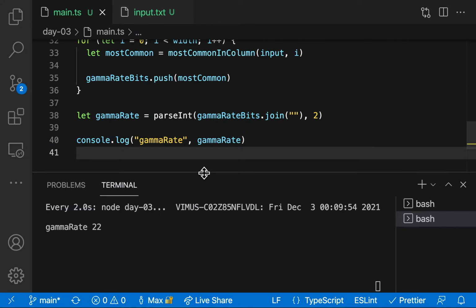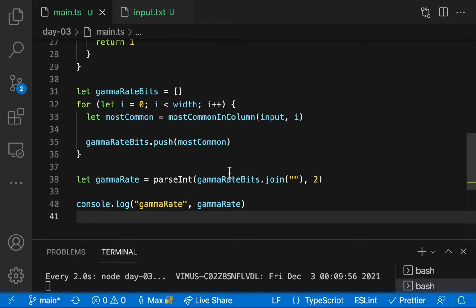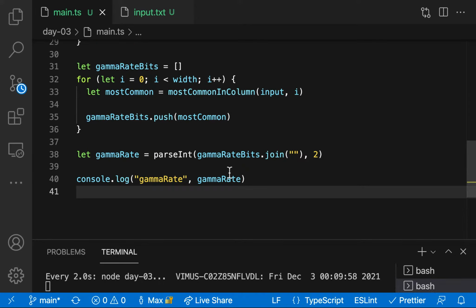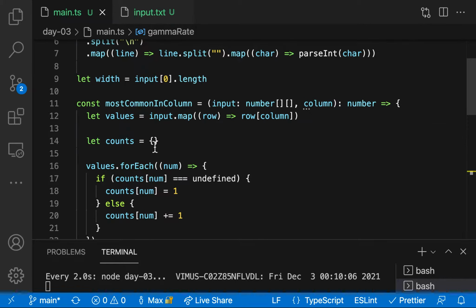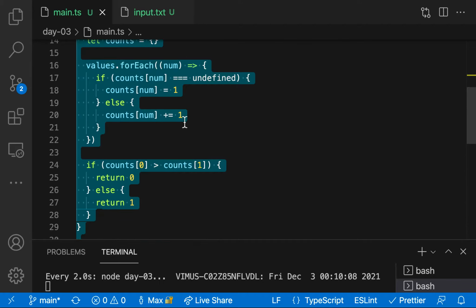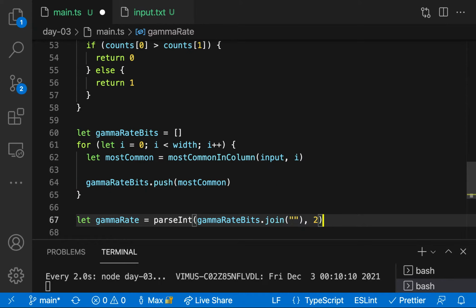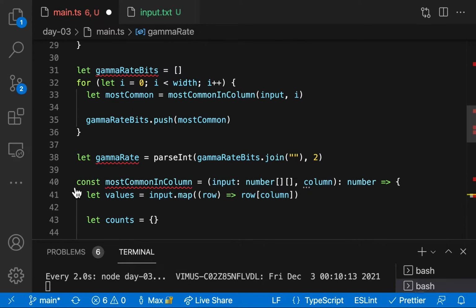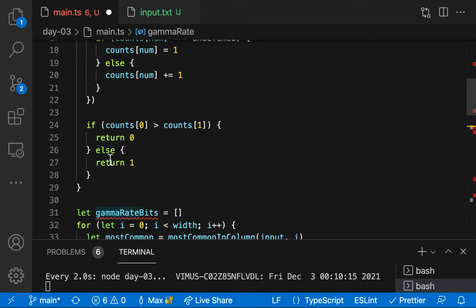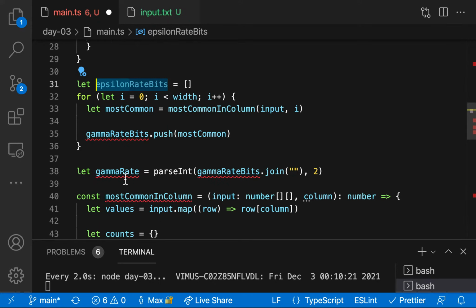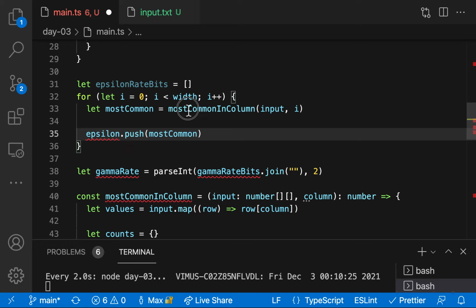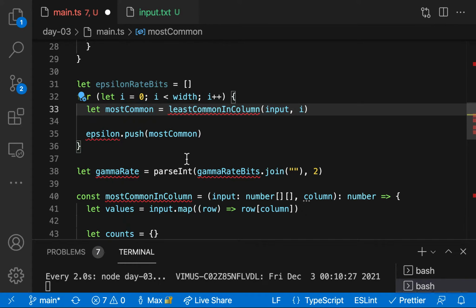All right, so let's see. I think I'm just going to copy and paste and tweak. Epsilon. And we'll call this least, which does not exist.